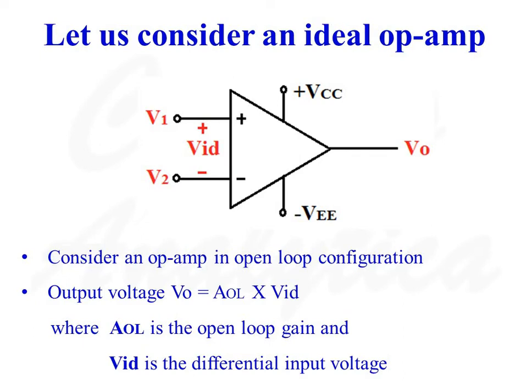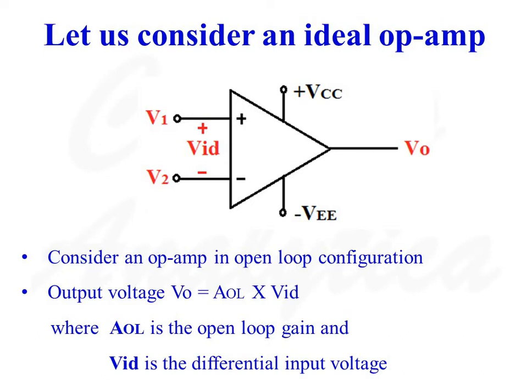Let us consider an ideal opamp. In open loop configuration, output voltage V0 is written as V0 equals AOL into VID, as open loop voltage gain AOL is defined as the ratio of output voltage to differential input voltage.